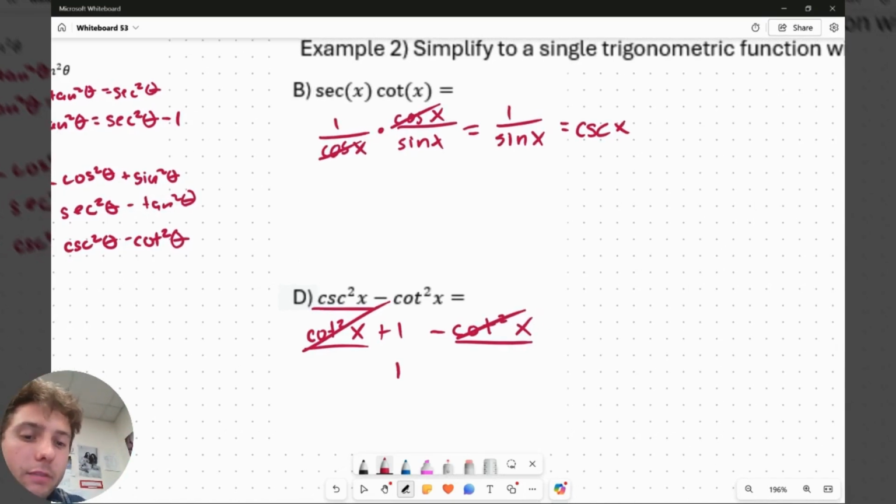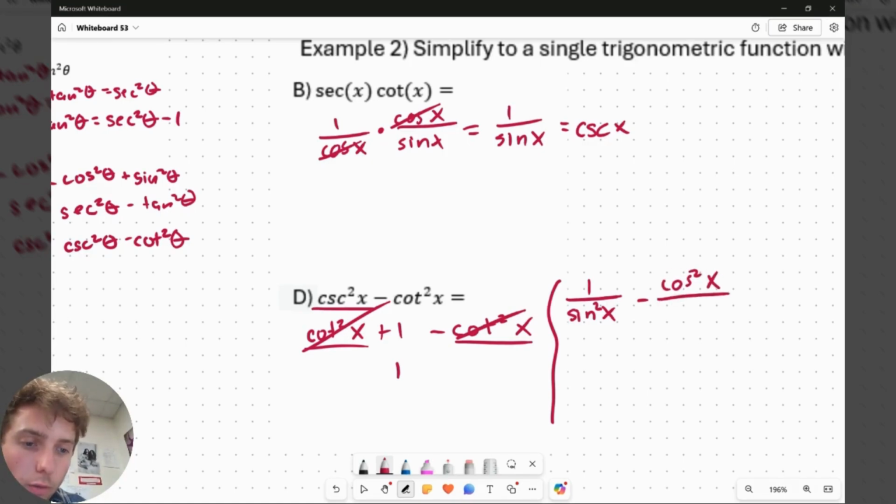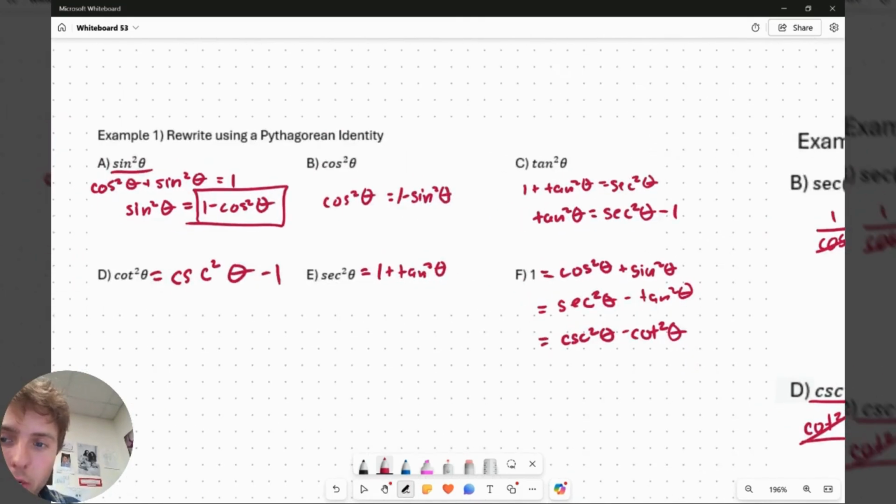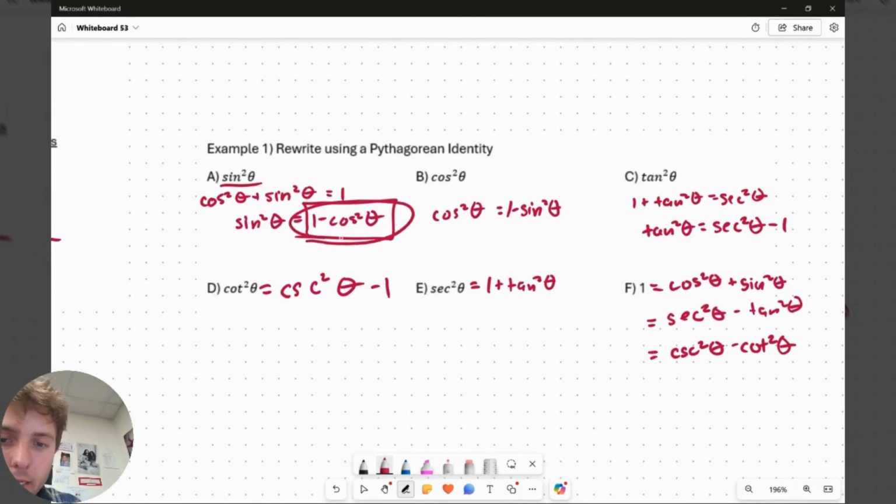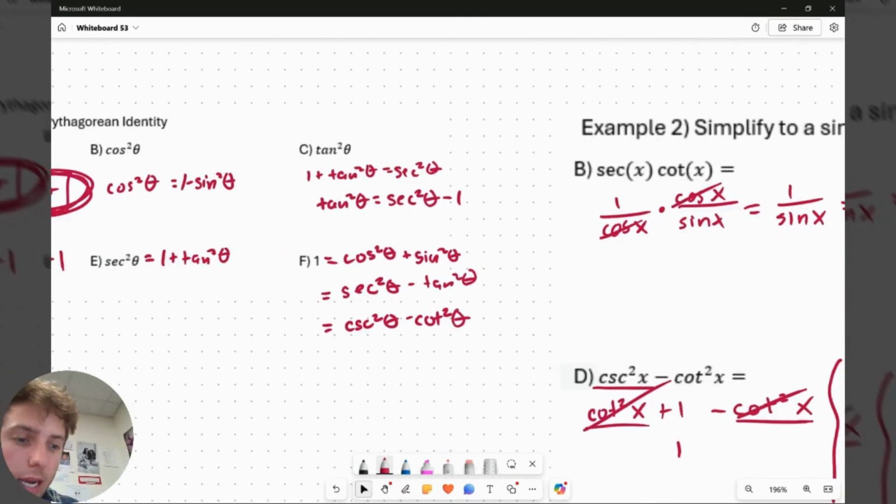There's a variety of different ways. Another way you might do it, cosecant is 1 over sine, so cosecant squared is 1 over sine squared. Cotangent is cosine over sine. These have common denominators, so I could combine them then. Okay, but 1 minus cosine squared, we knew what that was. 1 minus cosine squared is just sine squared.